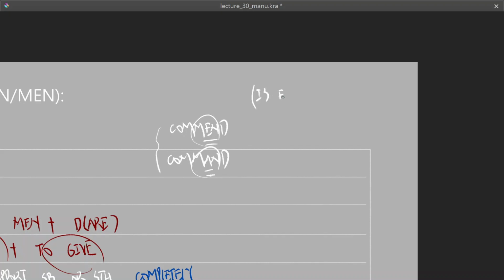It's easier to support men as a group of people.